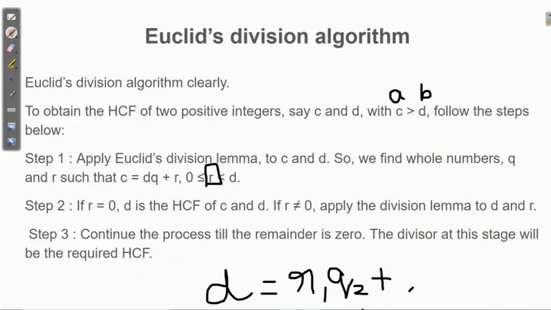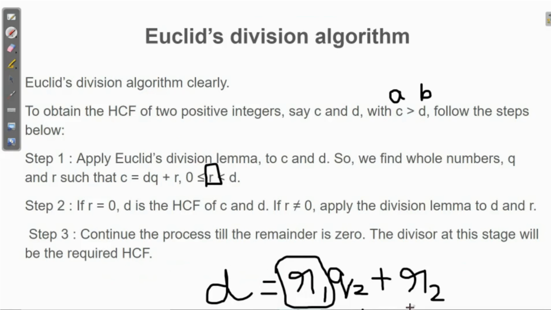Then again I'll check if this remainder R2 is 0. If R2 is 0, I'll conclude that R1 is the HCF of D and R1, so it will also be the HCF of C and D.